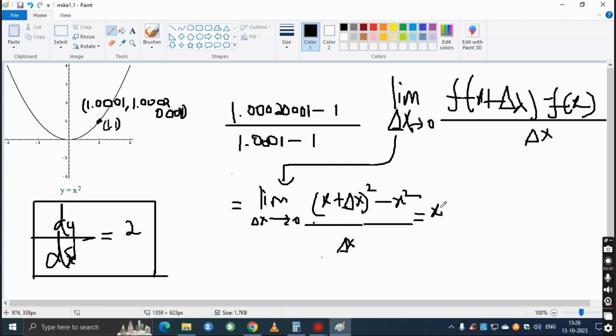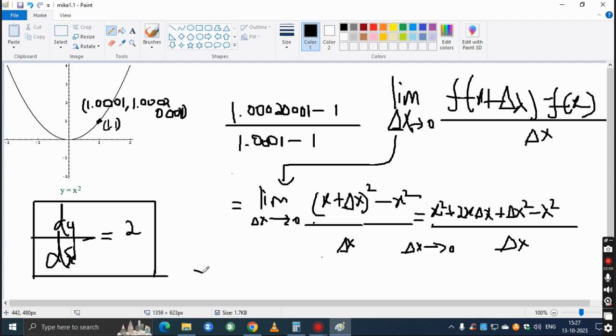So what's this going to be? If you apply a plus b whole square, x square plus 2x delta x plus delta x square minus x square divided by delta x, and delta x is still tending to 0. So x square and minus x square would cancel out.